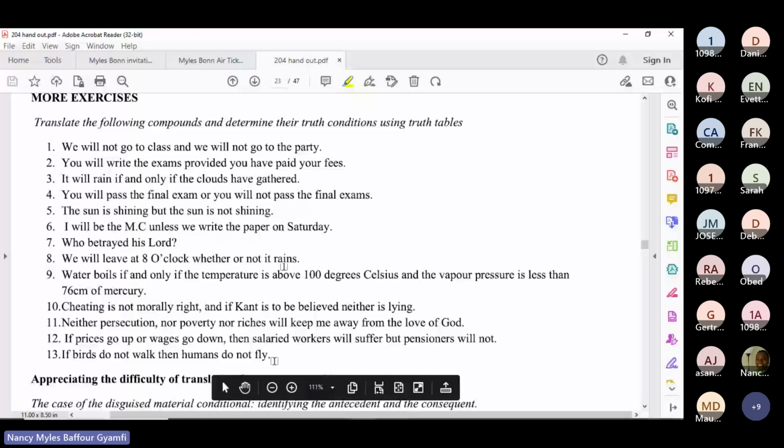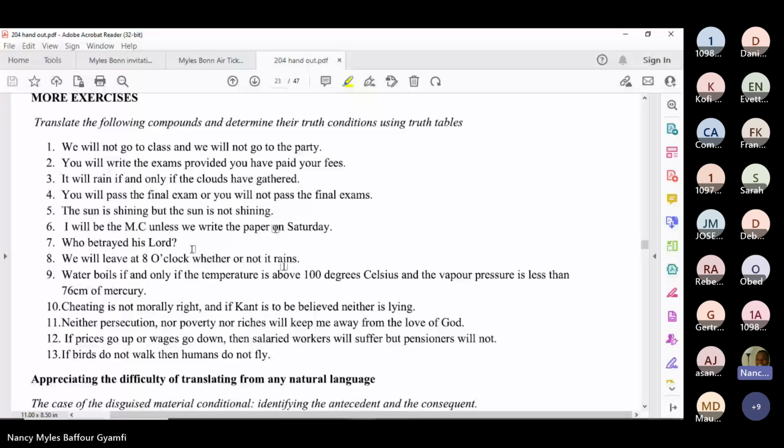I will be the MC unless we write the paper on Saturday. I think the person speaking is an Adventist. If we write the paper on a Saturday, I can't MC. Or better still, maybe a Sunday church. So let's interrogate that.